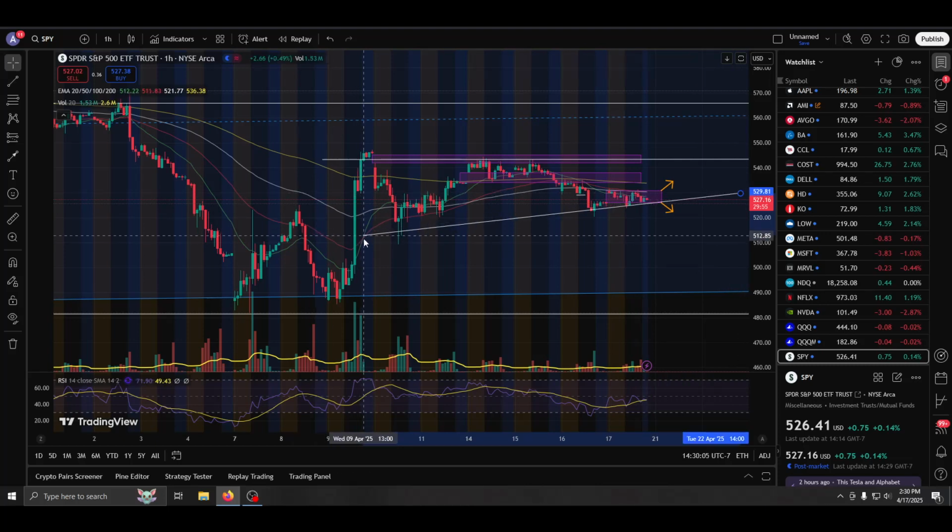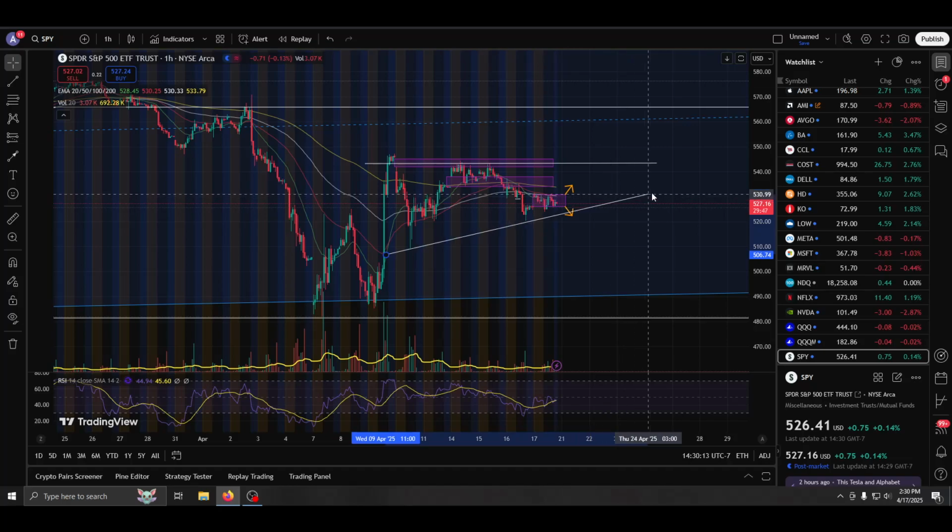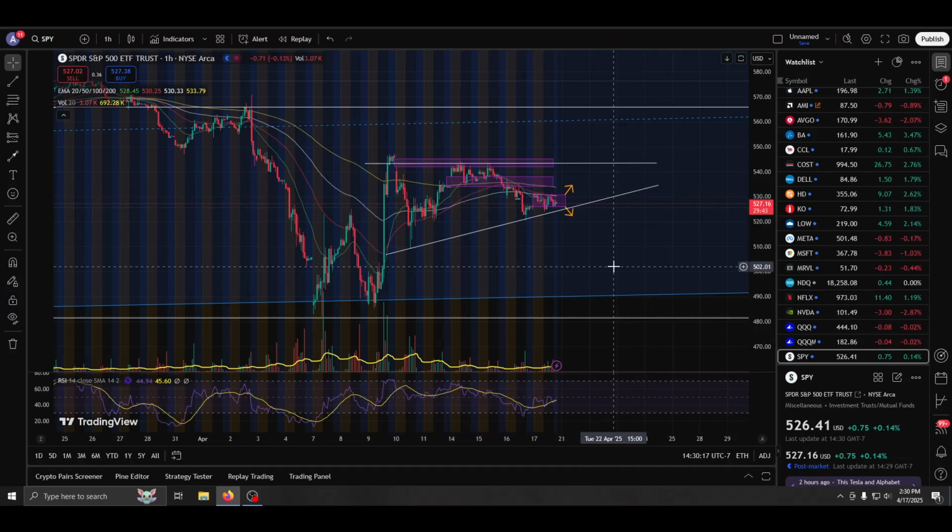Let's bring that down a little bit. So I guess the wicks are going to work in this instance. And if we look at what's forming, we have an ascending triangle for the most part, okay?